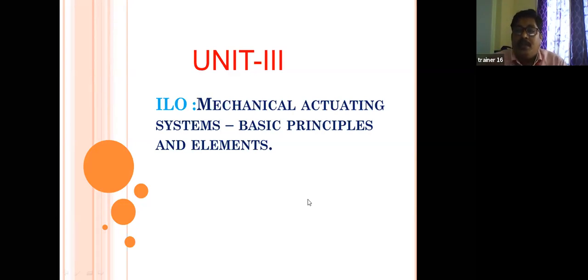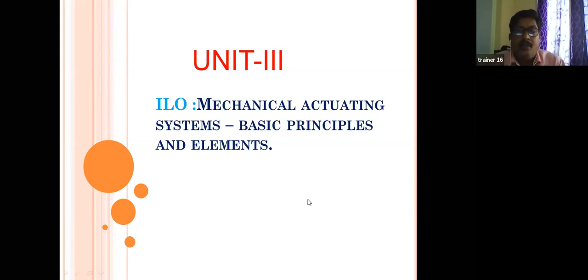So these are, that means actuating. That means here the ATM machine is activating to get the desired output. That is a mechanical actuation system. That is what mechanical actuation system means.